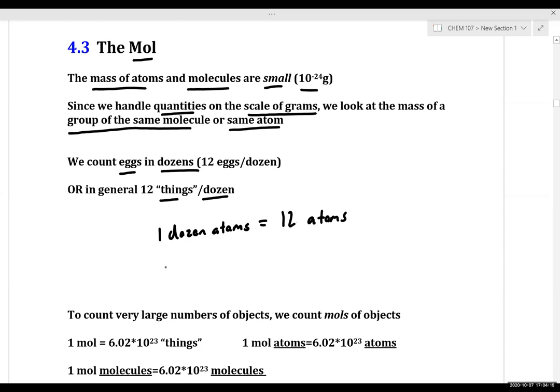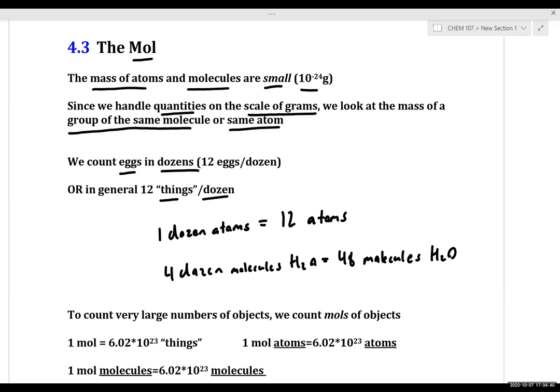By the same token, if we have 4 dozen molecules of water, this would correspond to 48 molecules of water. Okay, so we can use a dozen to describe a group of atoms.